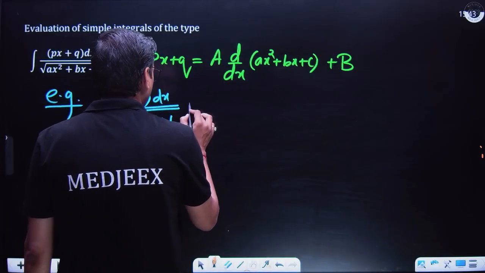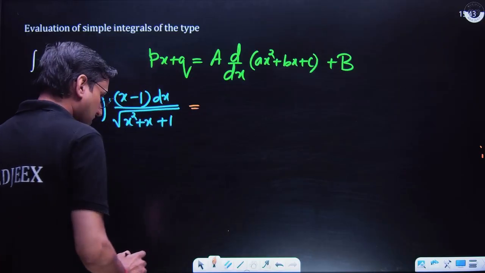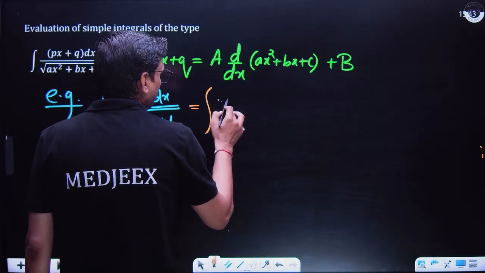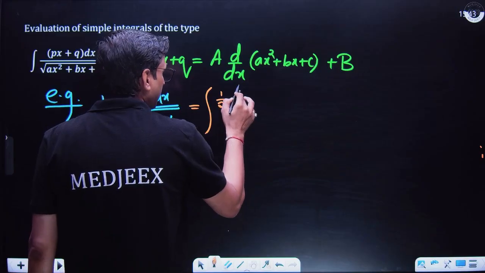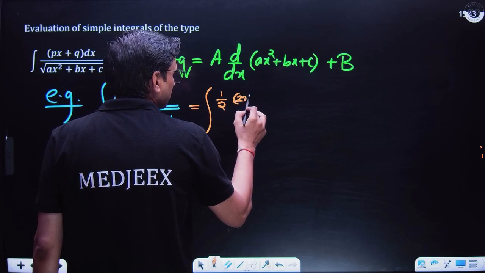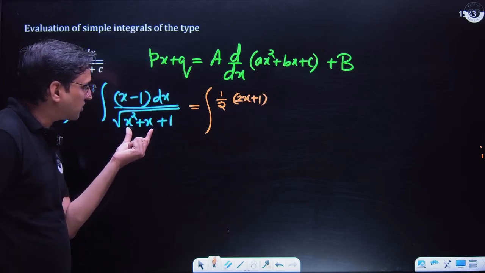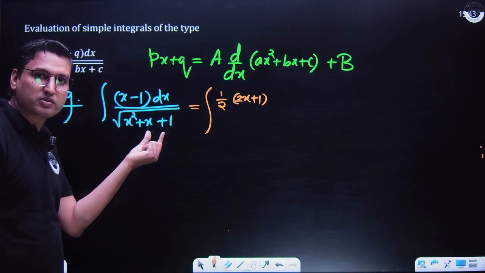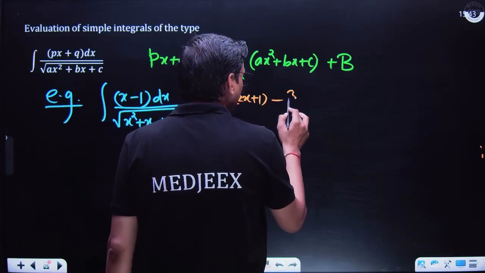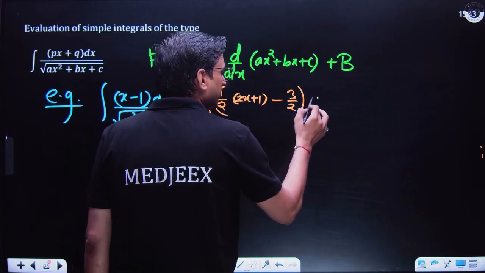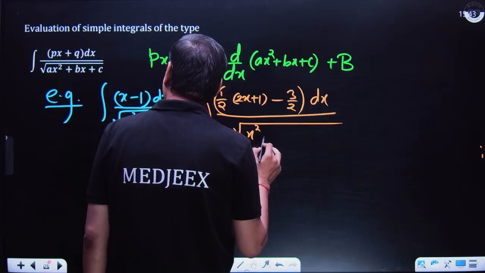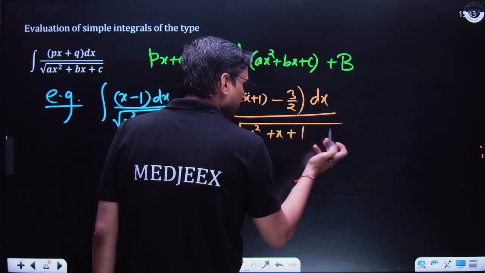What you can see now, I am substituting the values: half d by dx of x square plus x plus 1, and the differentiation of x square plus x plus 1 is nothing but 2x plus 1. After that plus b, which is minus 3 by 2, keep it in the bracket, dx divided by square root over x square plus x plus 1. Is it clear?